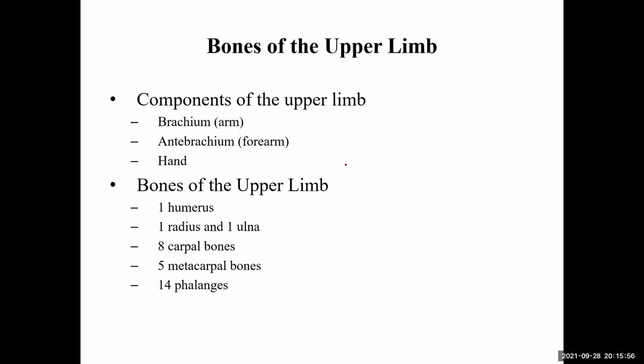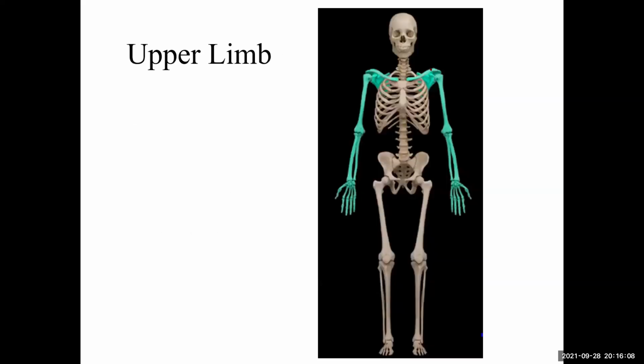When we're talking about your upper extremity, we break it down into a couple different regions. You have the brachium, also known as the arm, which is this part of your upper extremity. That's the brachium. Then below that, you have your antebrachium or your forearm.